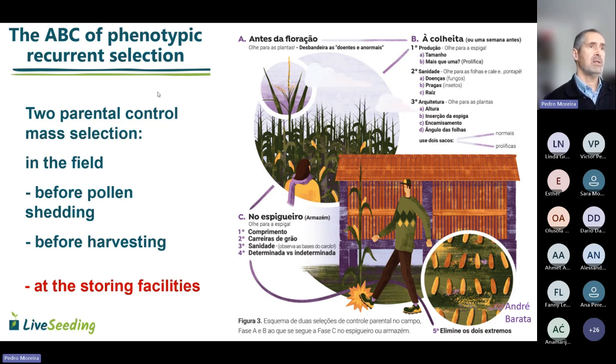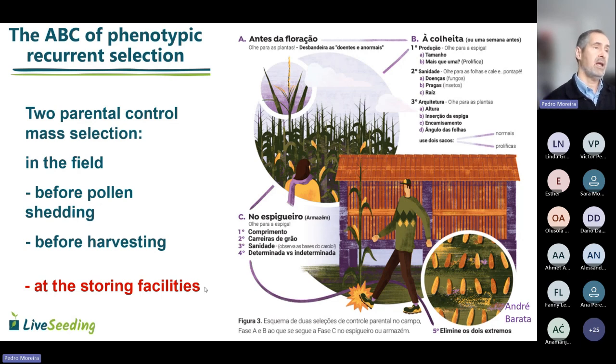There was the normal selection before flowering or during the harvest. The harvest should be done taking into consideration that, generally, the Portuguese farmers do the selection at the storing facilities.